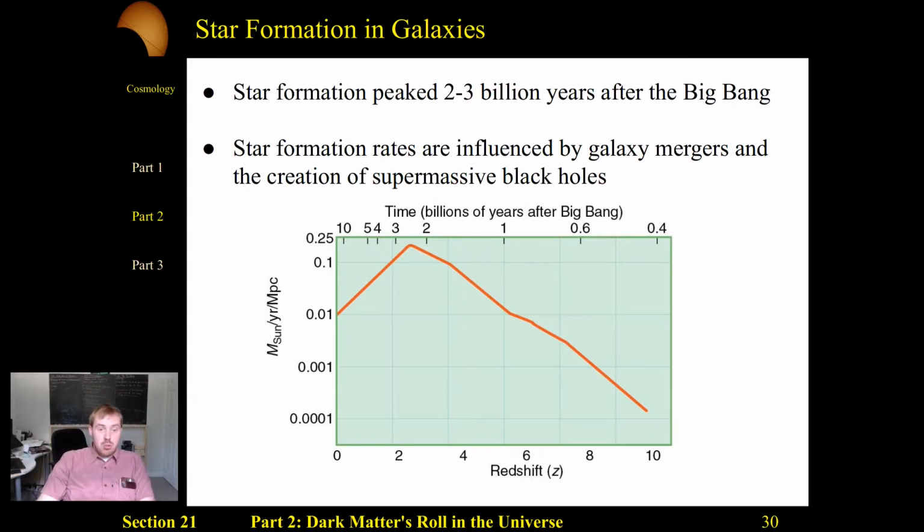And so star formation, the rate that new stars are being birthed, basically peaked about 2 or 3 billion years after the Big Bang. And ever since then, that rate of star formation has actually been going down. Yes, there's still new stars forming, but overall, across the entire cosmos, the rate that stars are being made is diminishing.